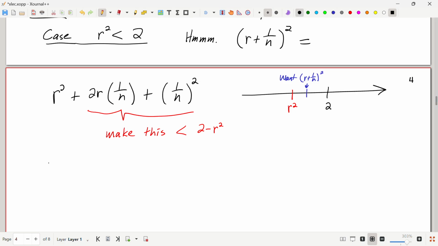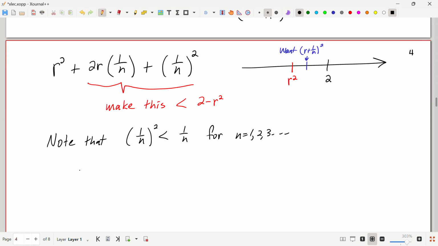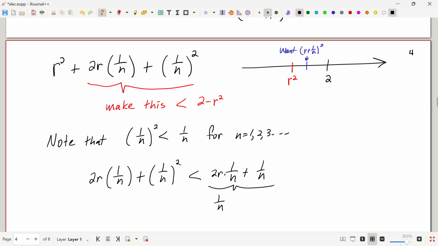And so now I'm going to mess around. Notice that 1 over n squared is less than 1 over n for all n equal 1, 2, 3, etc. So that stuff there, 2r times 1 over n plus 1 over n squared, is less than 2r times 1 over n plus 1 over n. And that's equal to 1 over n times 2r plus 1.